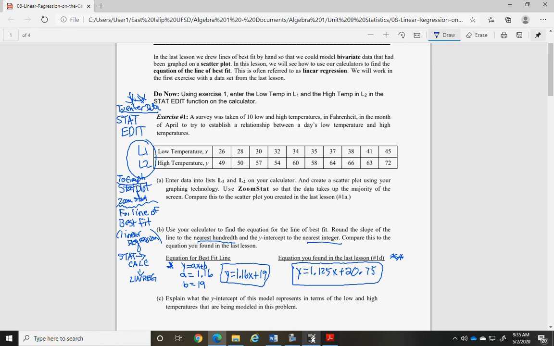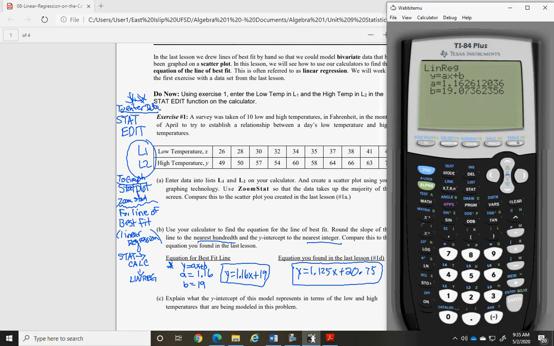I want to go back to the calculator and show you how you can put that line on the scatter plot. Now, since we already did all the statistics, hit zoom stat, if I want to see that scatter plot again. Right now is when I can just hit the graph button, because it's already programmed in to be in a statistics mode.